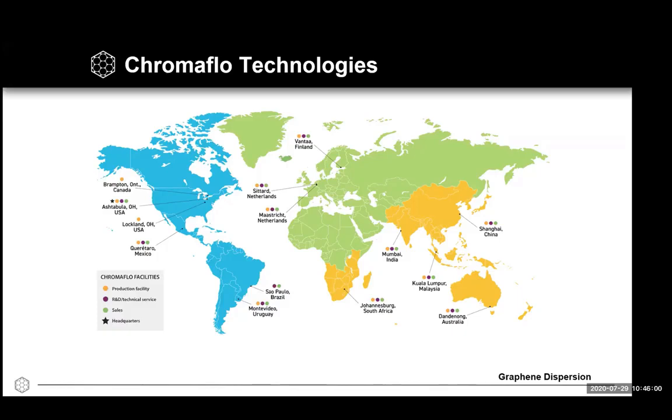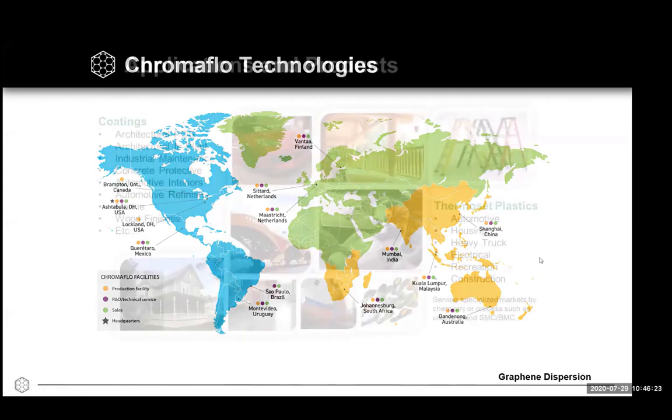Also, we are in South Africa. We have a significant facility in India, a brand new facility that we just built in Kuala Lumpur, Malaysia. We also have a facility in Shanghai, China, and also Dandenong, Australia. So we're literally prepared to cover and support our customers in pretty much every continent of the world.